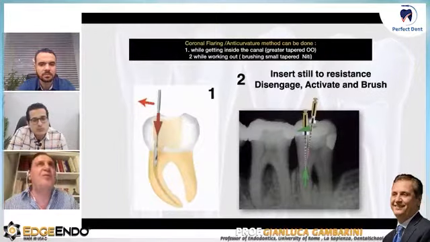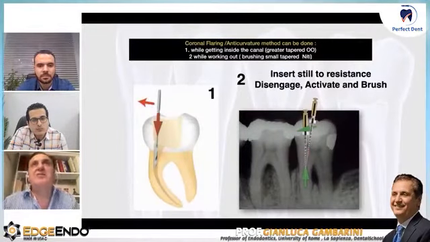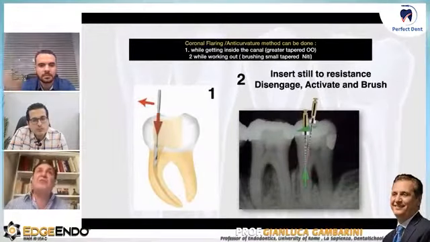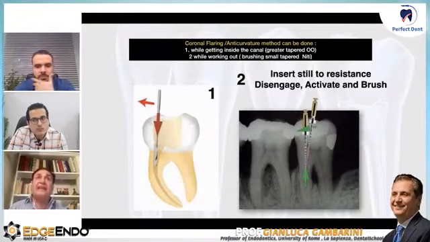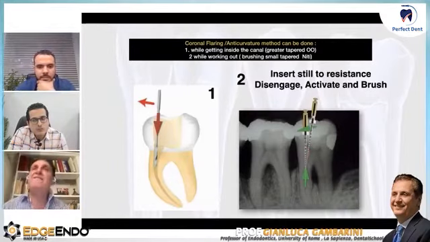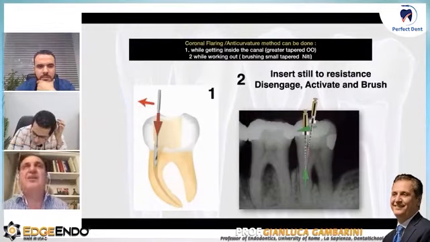What I do is use a very small file, the 17/04. I insert it to the middle of the canal, and then I start doing selective flaring. So I'm flaring with a very small taper flexible file, very gently, and I need only to flare the minimum to make the middle and apical curvature much easier for the instrument.